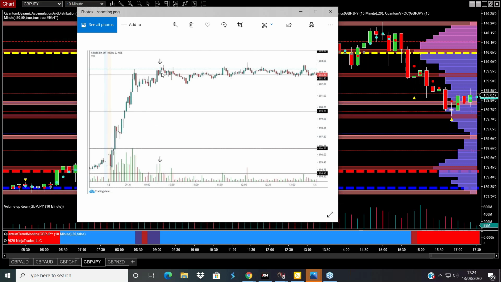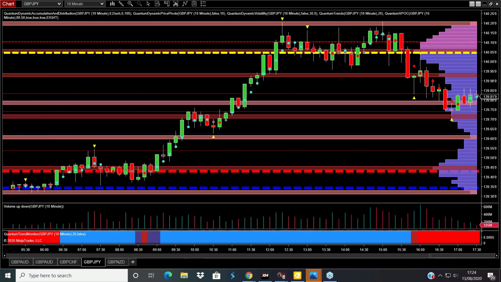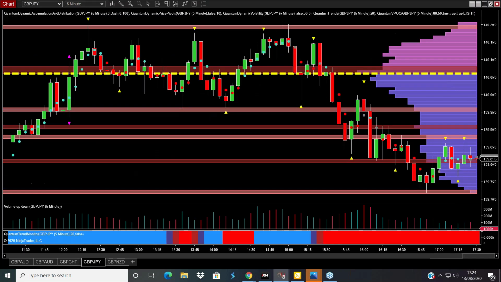Now, strictly speaking, it is not a shooting star, in the sense that a shooting star or upthrust candle, like its reverse, the opposite candle at the bottom of a trend, should be sitting right at the top, as we can see here. This is on the 10-minute, and if you look on the 5-minute, it's actually much more demonstrative.